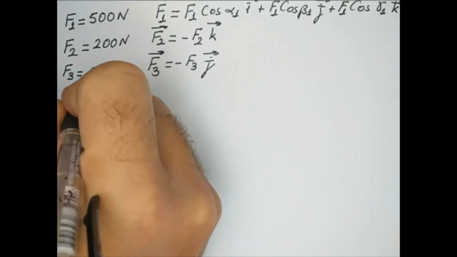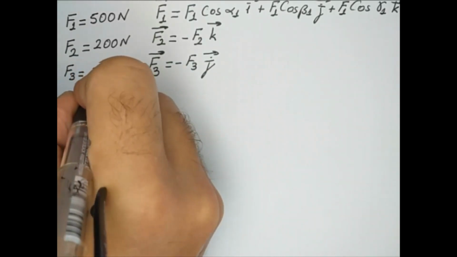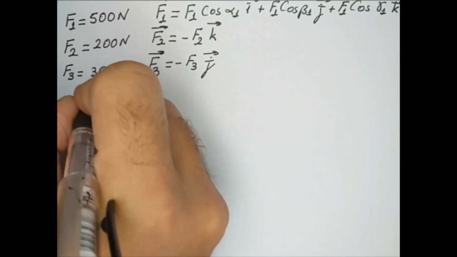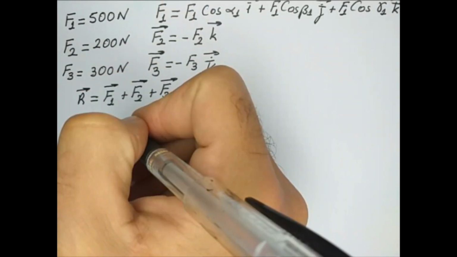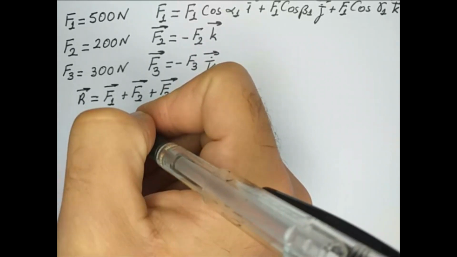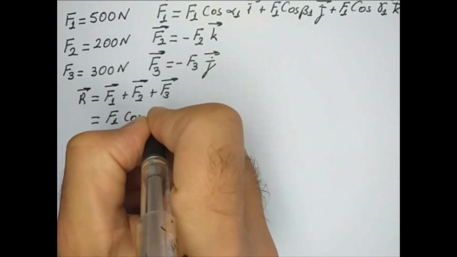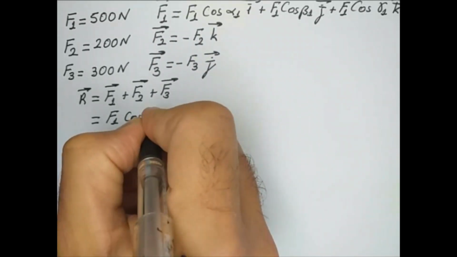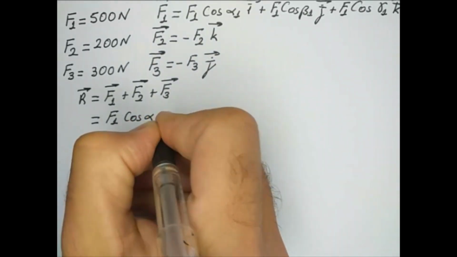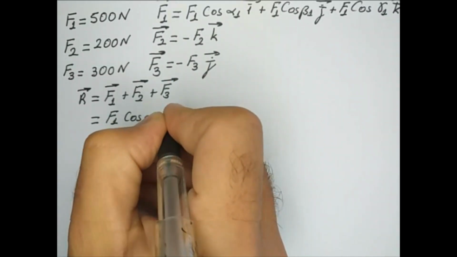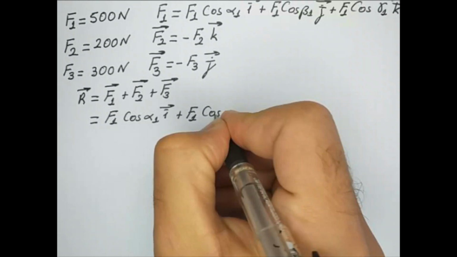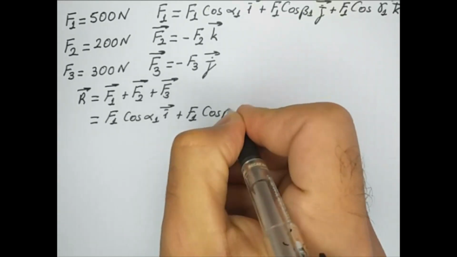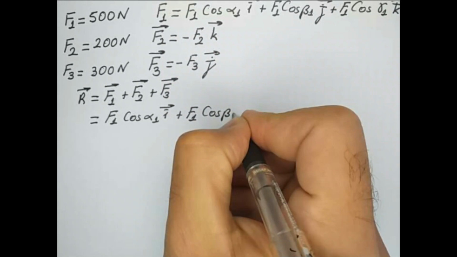F1 is equal to F1 cosine alpha 1 i vector plus F1 cosine beta 1 j vector plus F1 cosine gamma 1 k vector, and I continue the expression on the next line.